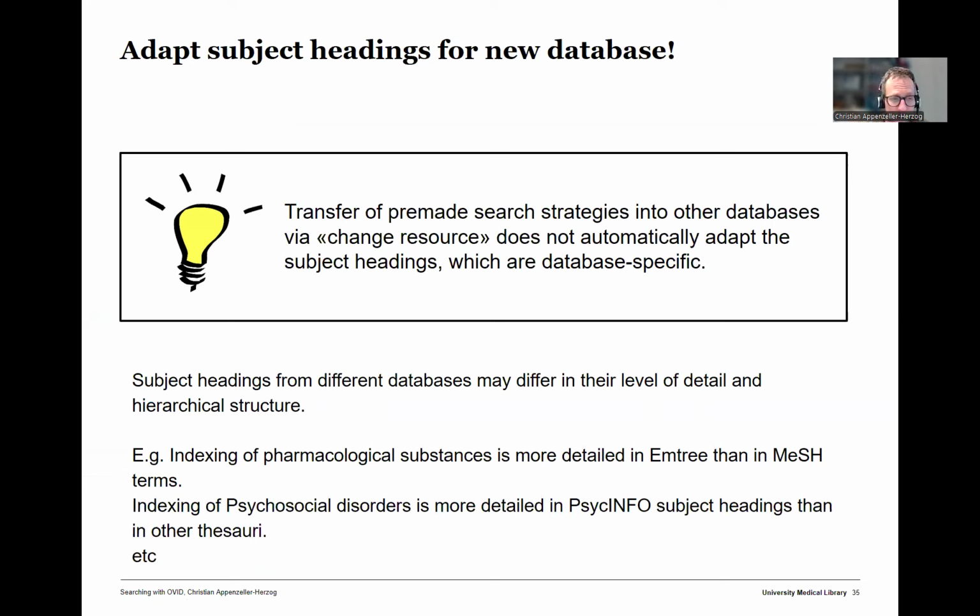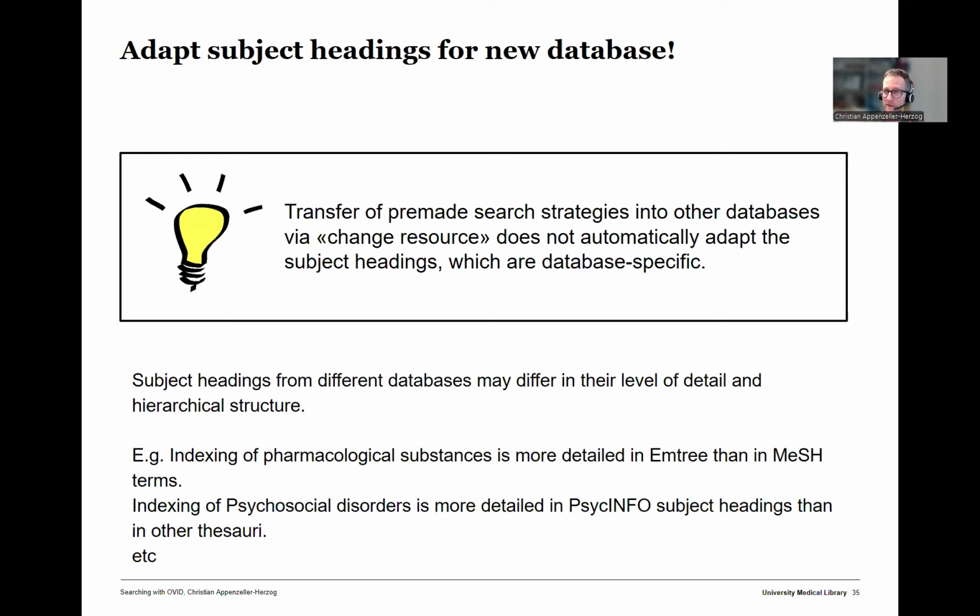And usually, for instance, if you examine a pharmacological substance, you can expect that Emtree is way more detailed than the MeSH subject heading catalog. Okay, so if you're having a pharmacological research question, it might make sense, or I mean, it makes sense in any case, but it might be likely that in Emtree you will find a more granular structure in these subject headings.